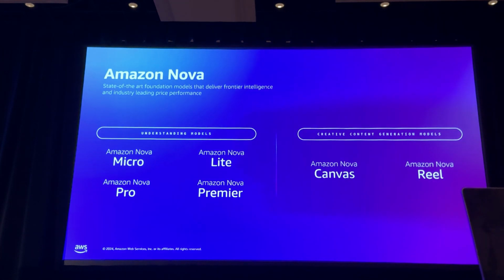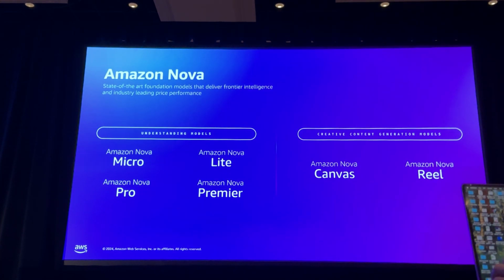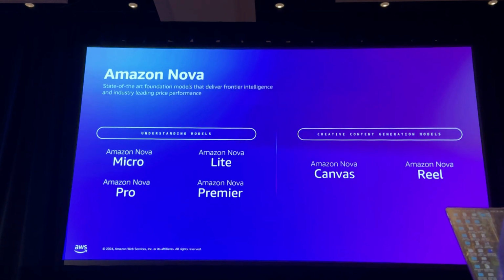Just to recap, Amazon Nova is a new family of state-of-the-art foundation models that deliver frontier intelligence at industry-leading price performance. As part of this, Andy launched 6 models. The way we categorize them is as understanding models and creative content generation models.